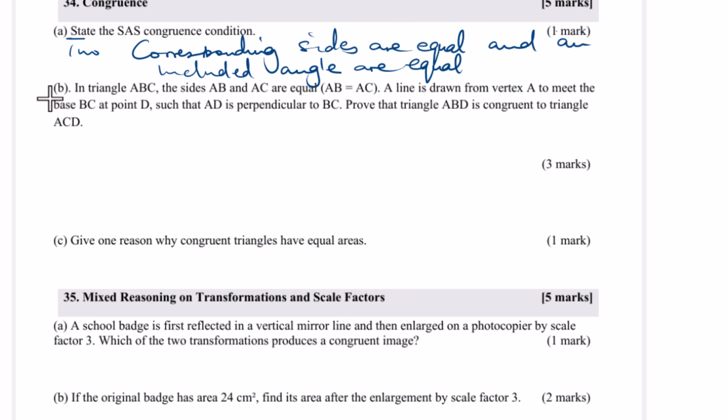Let's go to the other one, part B. In triangle ABC, the sides AB and AC are equal. AB is equal to AC. A line is drawn from the vertex A to meet the base BC at point D, such that AD is perpendicular to BC. Prove that the triangle ABD is congruent to triangle ACD. So let me draw that.